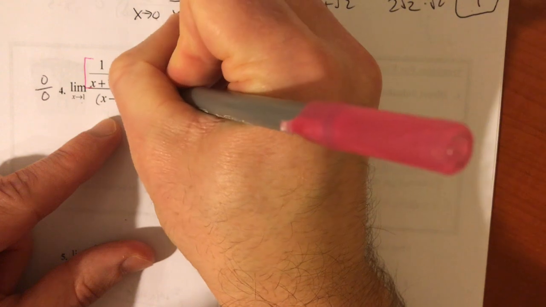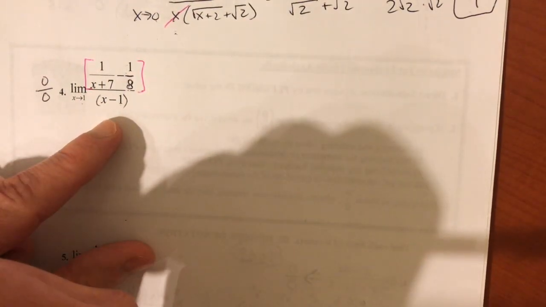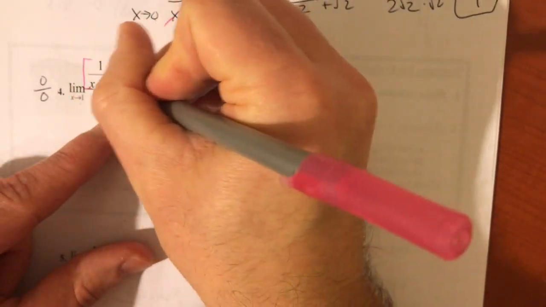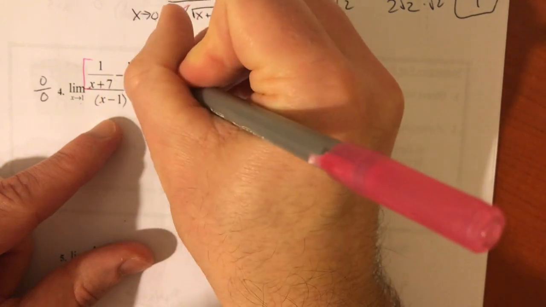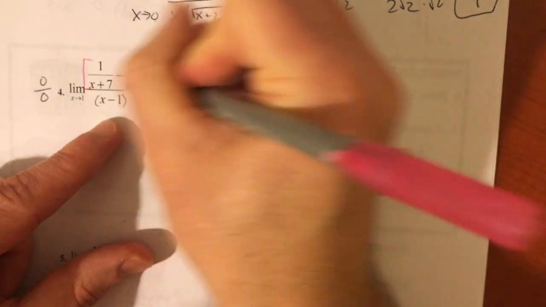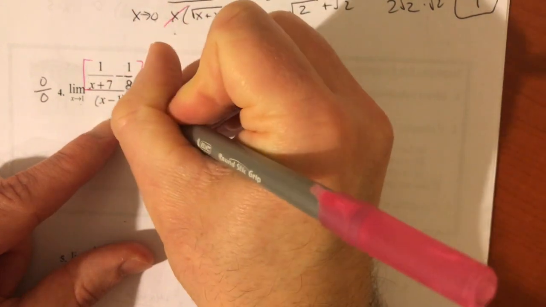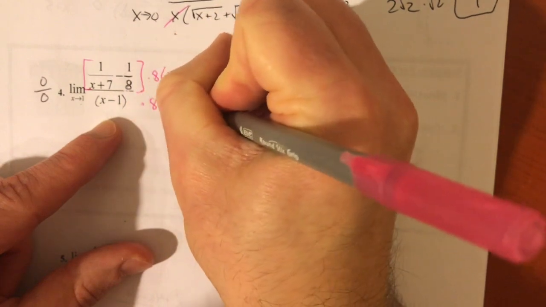Maybe you like to do it the way I always did it, because it's a step or two faster, but it doesn't really matter as long as we all get there. I like to multiply the top and the bottom by the LCD of these denominators to cancel them. So I would multiply by 8, x plus 7. But if you do this to the top of the overall fraction, you've got to do it to the denominator.